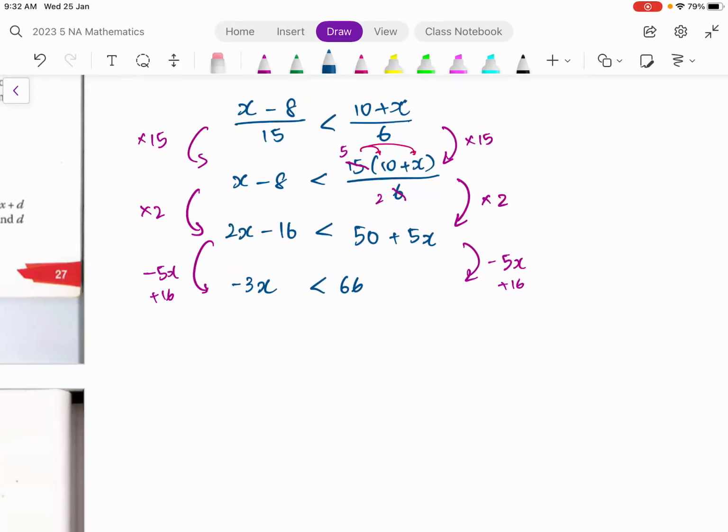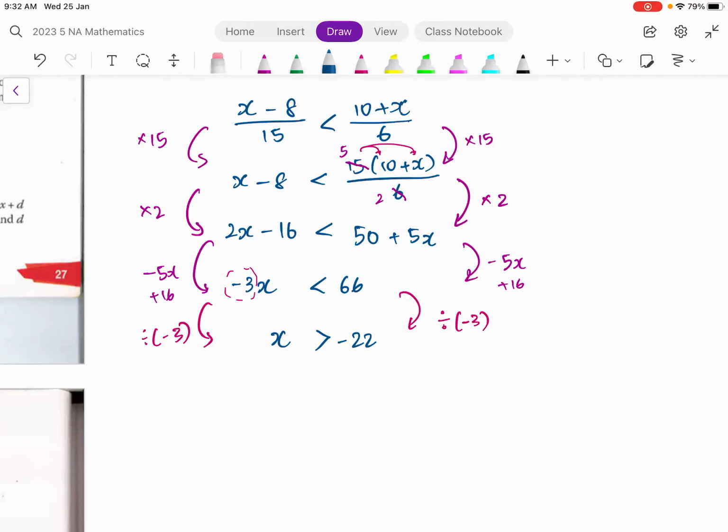And now I do not want the negative 3. So on both sides, I need to divide by negative 3. When I divide by a negative number, straight away change the sign so that I don't forget. Less than becomes greater than. On the left-hand side, I'm left with x. On the right-hand side, I'm left with negative 22.